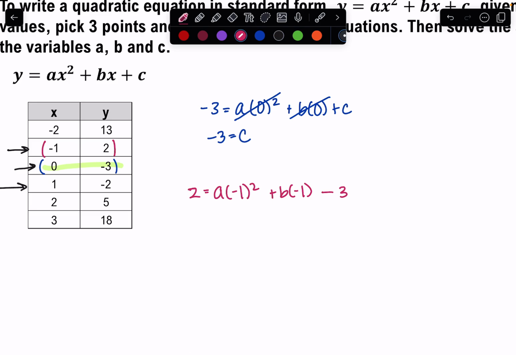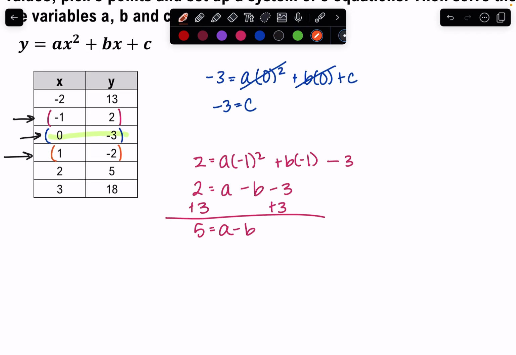And let's clean this up. So we have 2 equals negative 1 squared is 1. 1 times A is A. Then I have a minus B here, minus 3. By moving that 3 to the other side by adding it, I get 5 equals A minus B. Okay, then I can do the next one. So for this one, I can plug in 1 and negative 2.